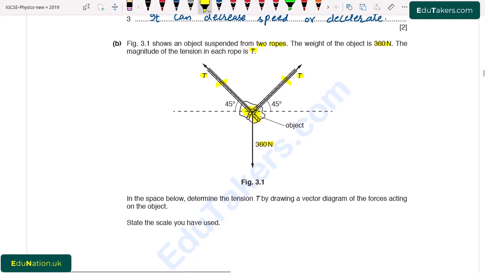So first of all, we can see that the object is stationary. It means that all forces acting on this object will be equal to 0.